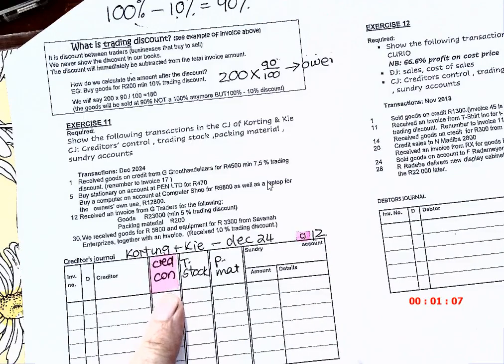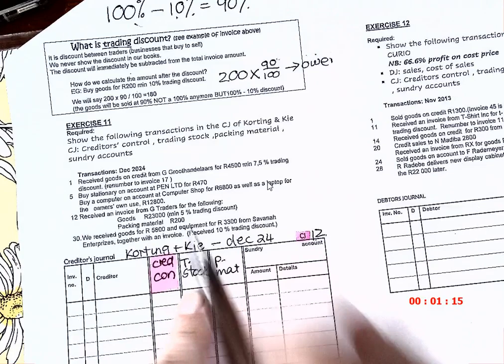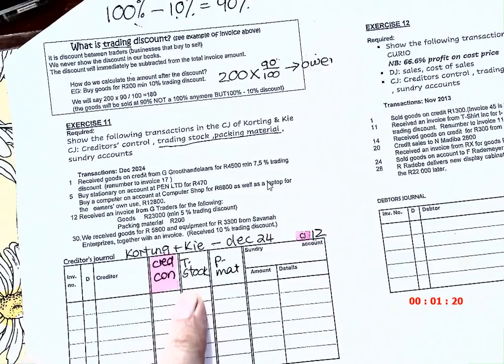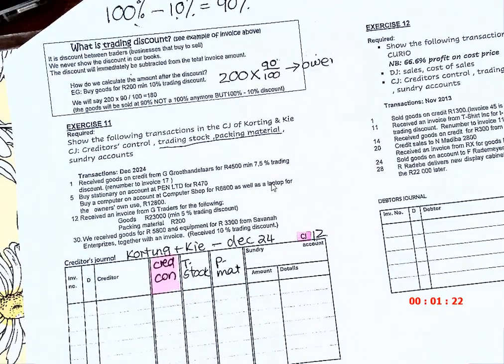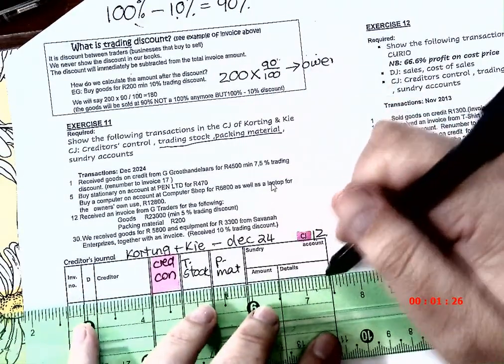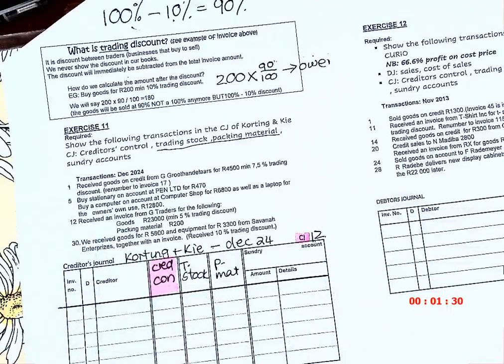Please don't sleep. Now I still need to fill in the two columns there. And now if I go look, can you see they tell me trading stock and packing material. Everybody's happy? And now we just underline because it's a heading.